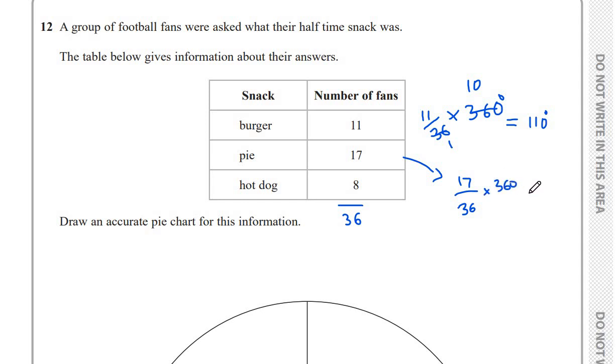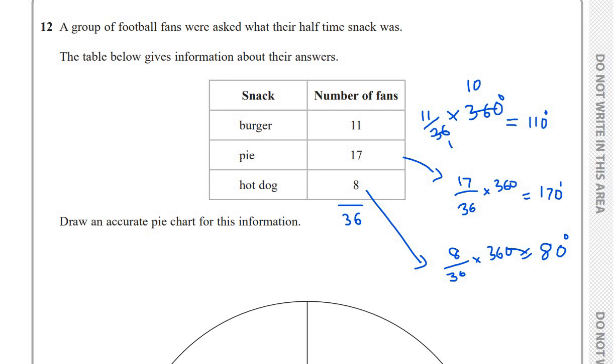So that would mean 17 times 10, and that is 170 degrees. And for the hot dog, 8 over 36 times 360. And that will give us 80 degrees.